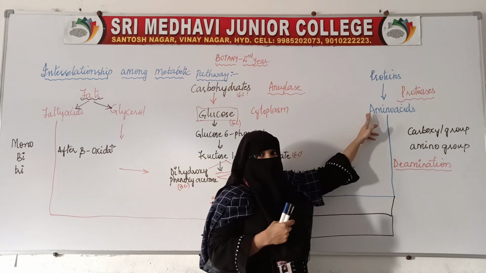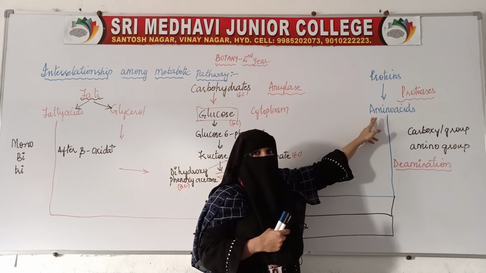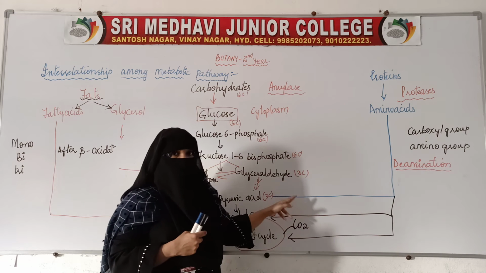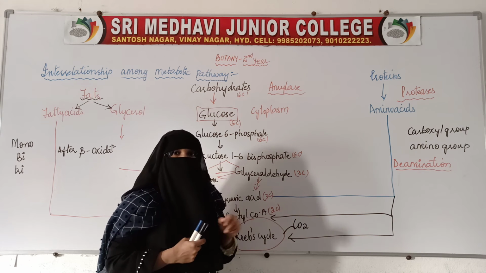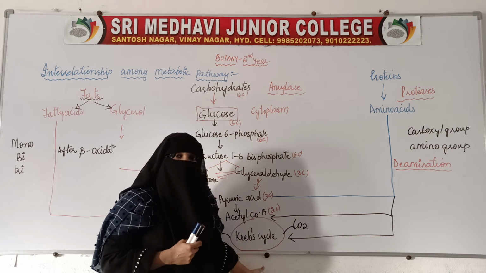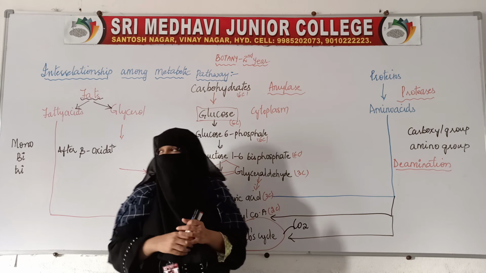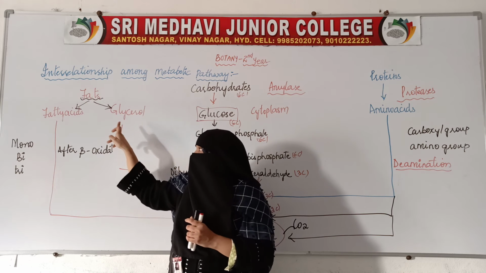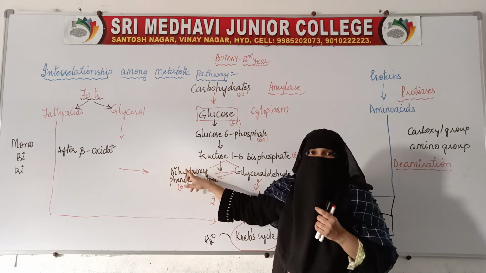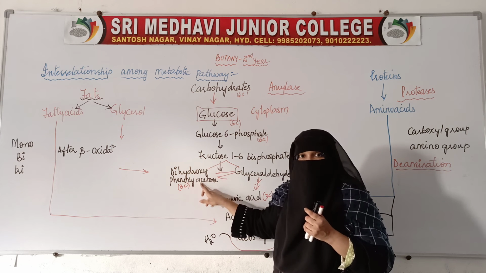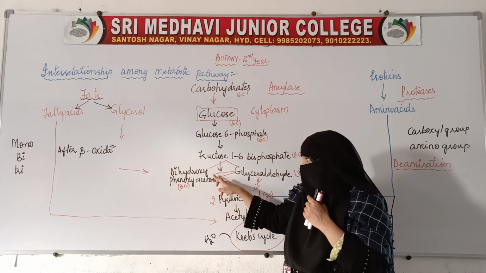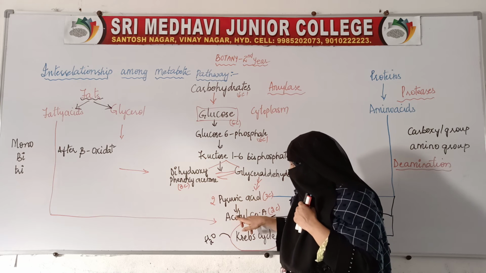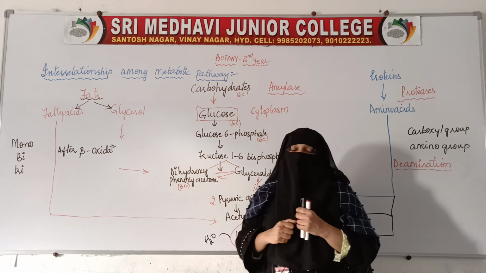Proteins will change to amino acids. The amino acids, after deamination, will change either into pyruvic acid or into acetyl coenzyme A and enter into the Krebs cycle. Fats will change into fatty acids and glycerol. This glycerol will change into dihydroxyacetone phosphate, then glyceraldehyde, then pyruvic acid, then acetyl coenzyme A, then enters the Krebs cycle.